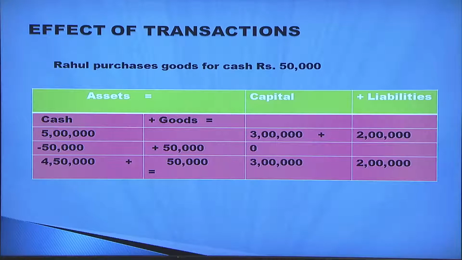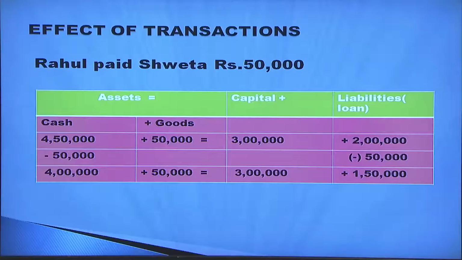So, minus 50,000 in the cash column. So, the new accounting equation will be, in the cash column, 5 lakh minus 50,000, that is 4 lakh 50,000, plus another asset, goods 50,000, equals capital plus liabilities, that is 3 lakh plus 2 lakh.